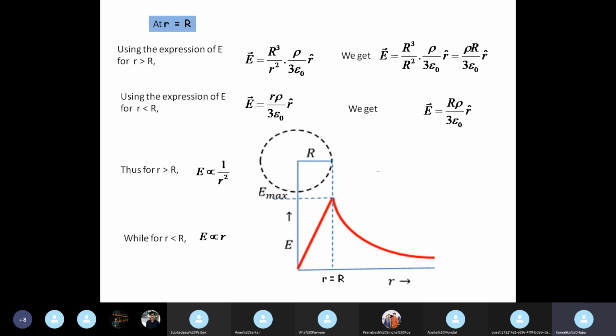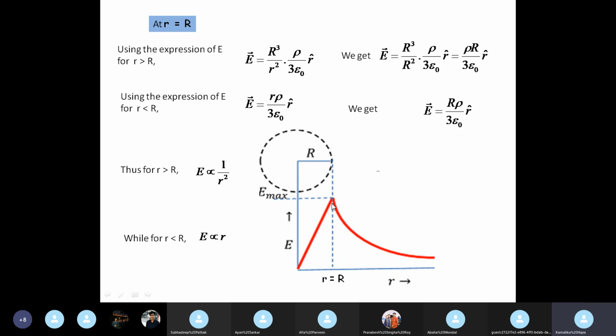So if you are asked to draw a curve showing the relation between electric field and distance from the center of the sphere, this is my sphere, this dashed line is my sphere of radius R. When you start from the center and move towards the surface, the field changes directly as R rho by 3 epsilon naught. At the surface, it has the maximum value, capital R rho by 3 epsilon naught.